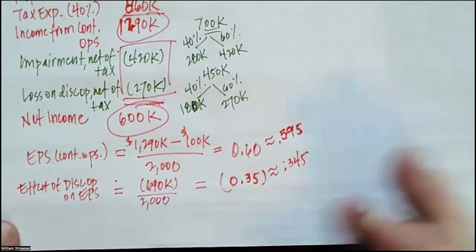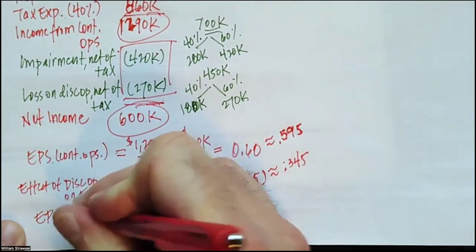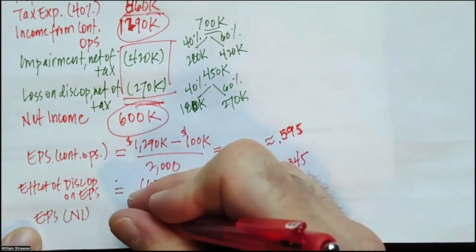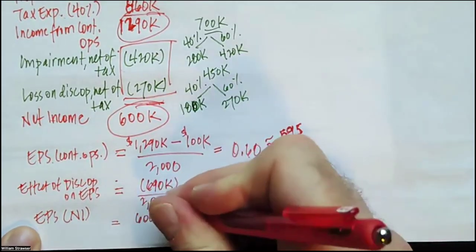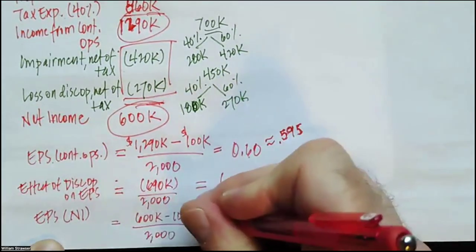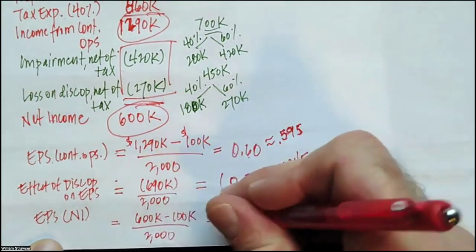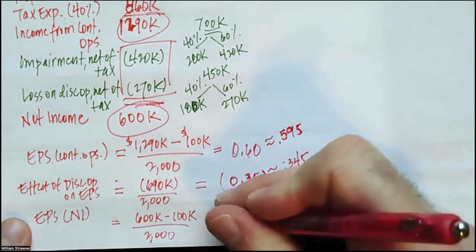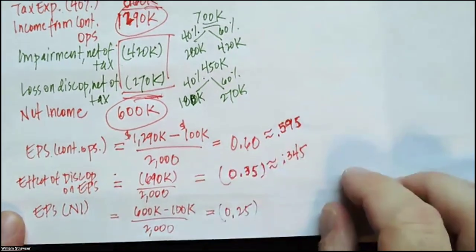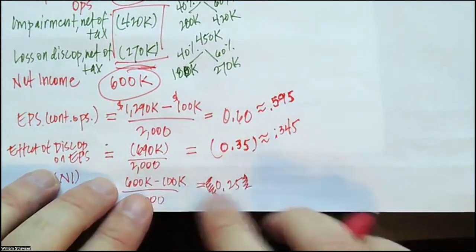And then finally, we take our net income. So our net income EPS is 600,000 minus the 100,000 of preferred dividends, divided by 2 million shares outstanding. And that comes out to a solid, no rounding needed, 25 cents per share.